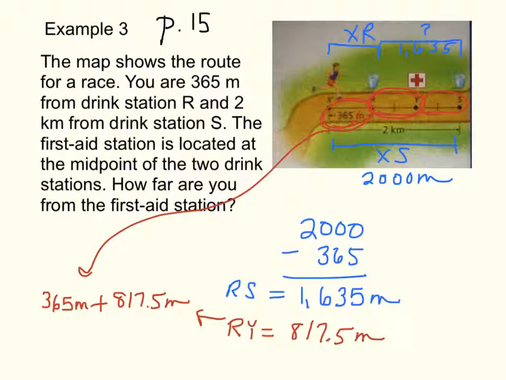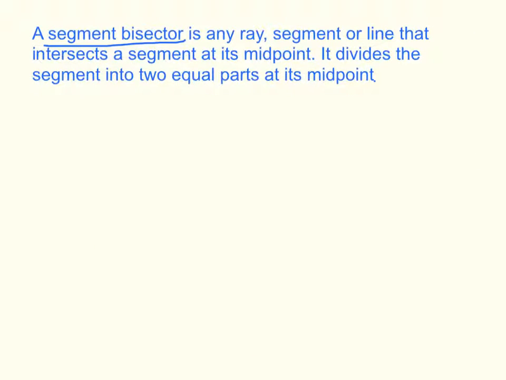We have to add those together to give us XY. And what is the length of XY? If we added 365 plus 817.5, you would get 1,182.5 meters. So you are 1,182.5 meters from the first aid station. Notice that you use the definition of a midpoint and the segment addition postulate to solve this problem.